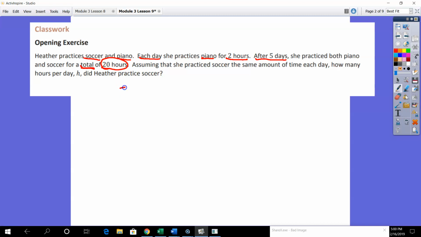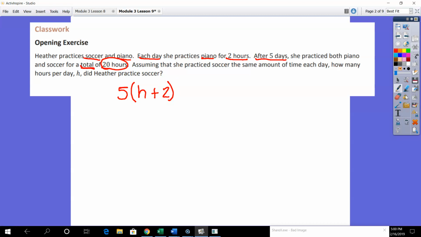Five days, and on each day she is practicing some number of hours for soccer that we don't know, so we're representing that with H. And then she's also practicing 2 hours of the piano.